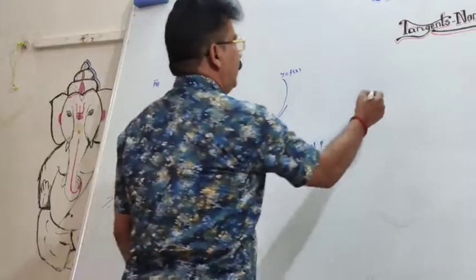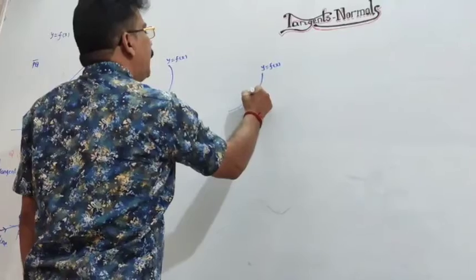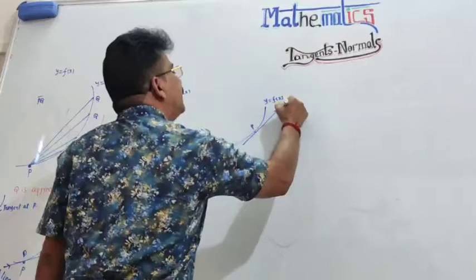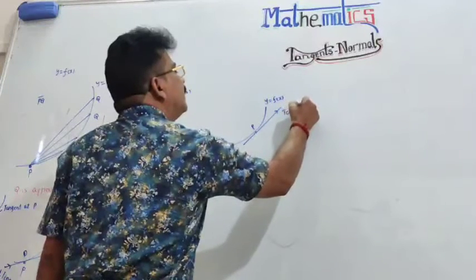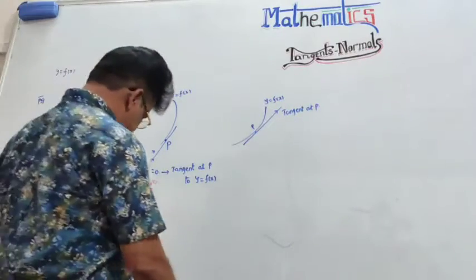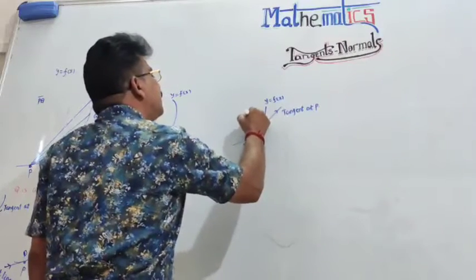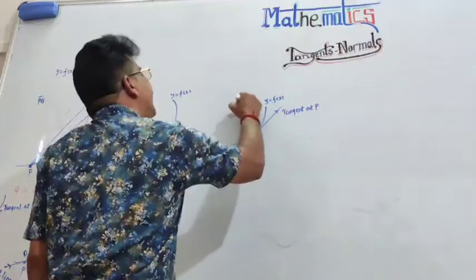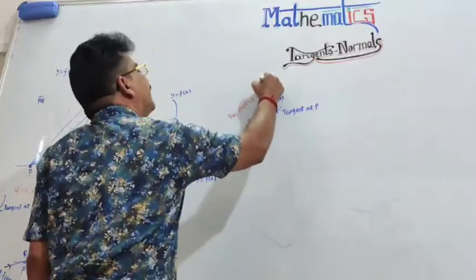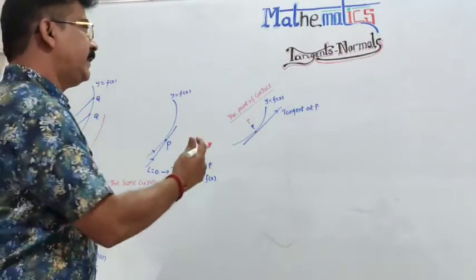Next, here y is equal to f of x is a curve, and this is capital P. It will be the tangent at capital P. Here capital P is called the point of contact.